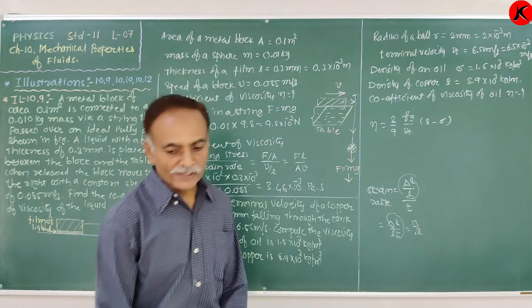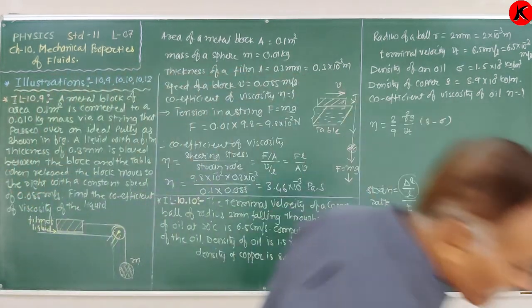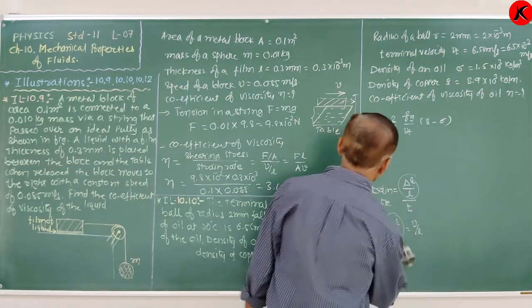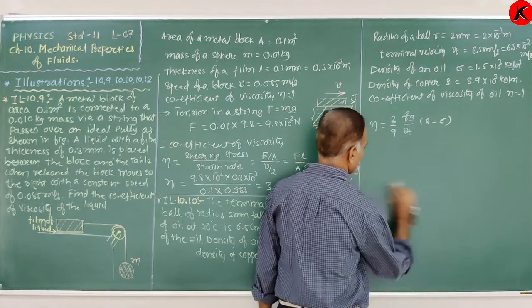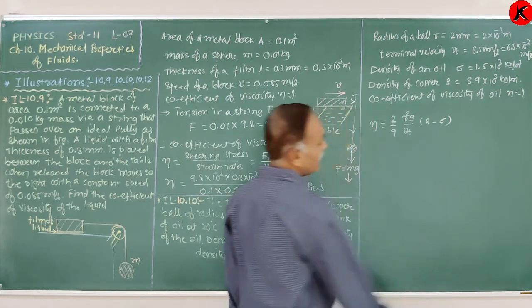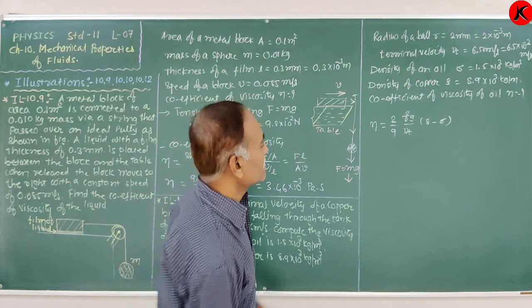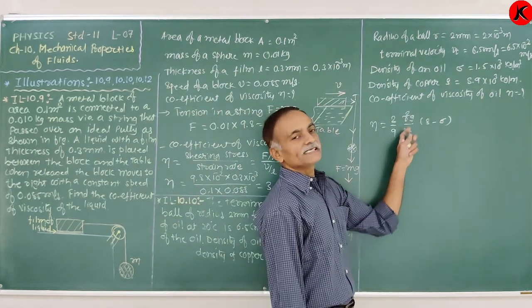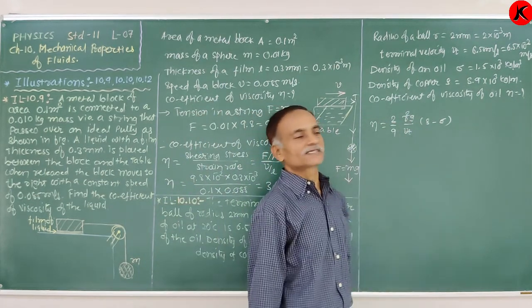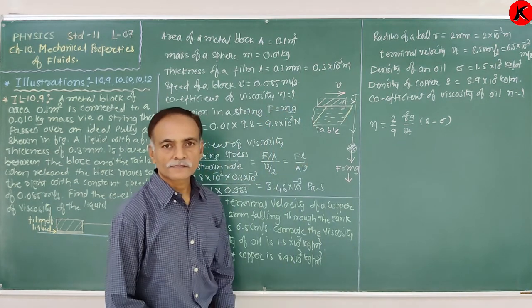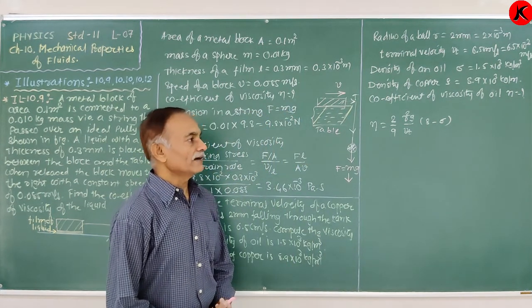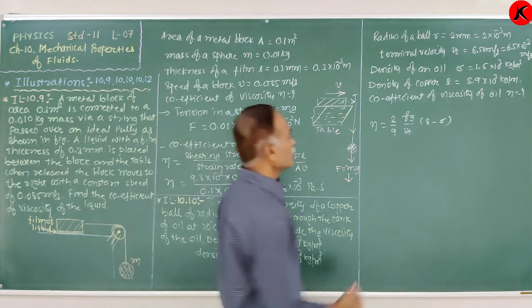Now substitute the values in this equation, so we obtain the coefficient of viscosity. Actually, this is the equation of terminal velocity of a ball in a liquid: Vt is equal to 2 by 9 r square g upon n, into rho minus rho 0, or sigma. So here we substitute the values. Therefore, 2 by 9.